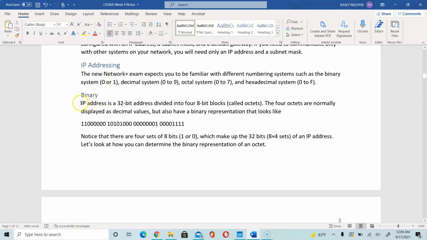For a binary representation of your IP address, it would look something like this, even though it's still going to be in octets, as in 8 bits for each. So what we see as an IP address, the system would see as 0s and 1s like this. You would have 4 sets of 8 bits of 0s and 1s, or binary, and that will be your 32-bit IP address.